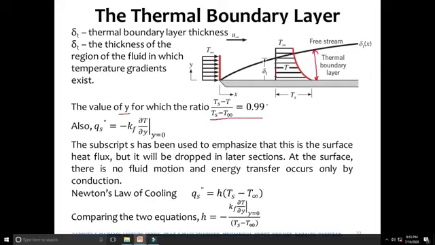The heat will be transferred from the surface to the very first layer of fluid, which is in direct contact with the surface, via pure conduction, because the relative velocity between the surface and the first layer of fluid would be 0. Therefore the heat will be transferred via pure conduction from the surface to the first layer of fluid if Ts is greater than T infinity.